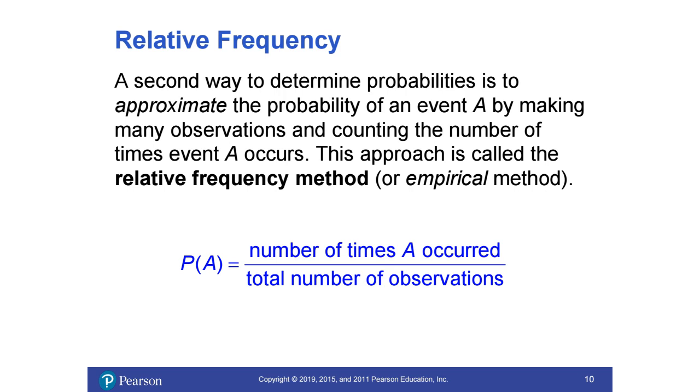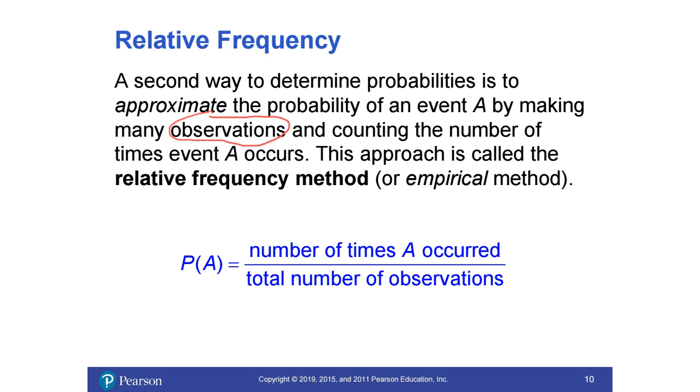So now we come to the second way to calculate probability. And this is called relative frequency probability. Okay? And this is an approximation, and it involves making observations. So this is the difference between the theoretical probability and relative frequency probabilities.